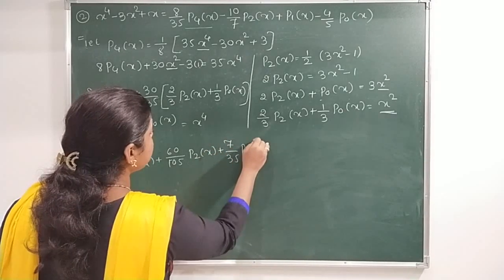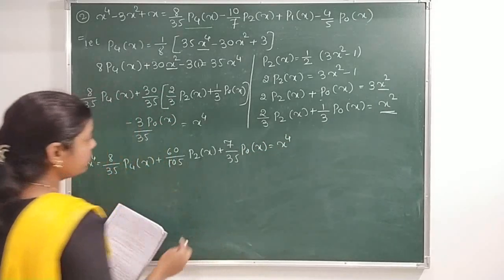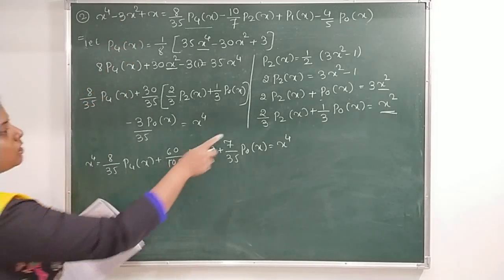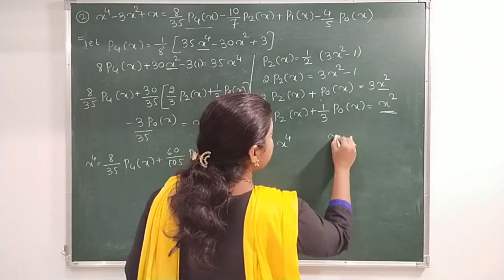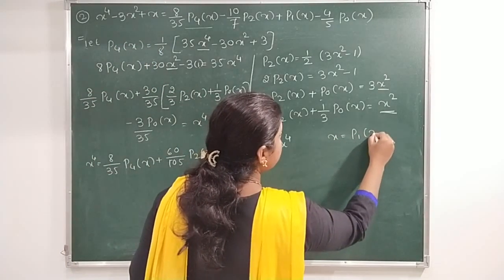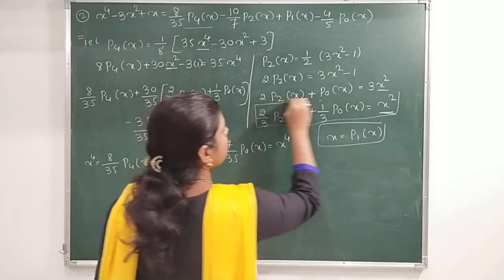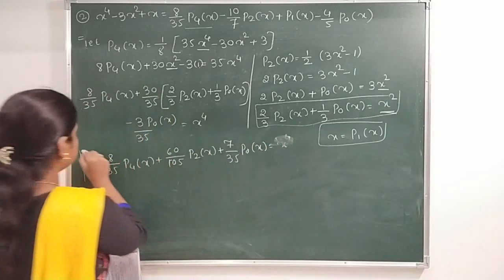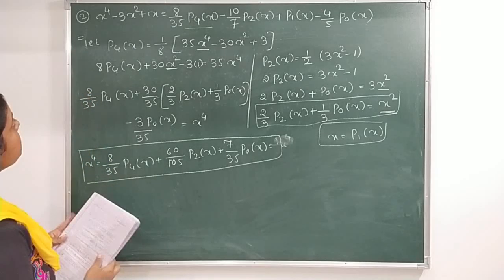After simplifying, the P0 of x is equal to x raised to 4. Now here you have to replace again the x square term. The x square term we already got, and x is nothing but P1 of x. This is the x4th term. These are all the terms you have to replace in our example.